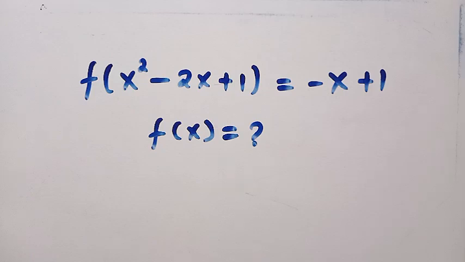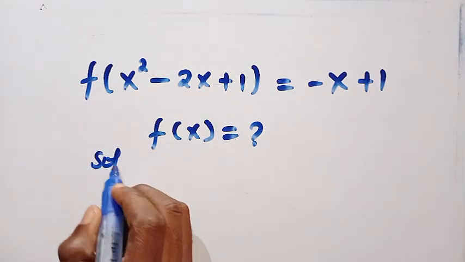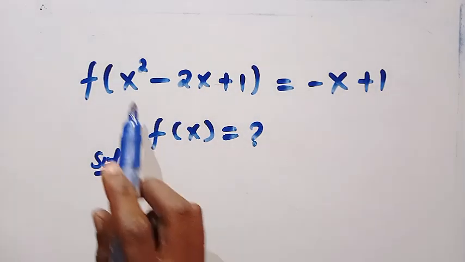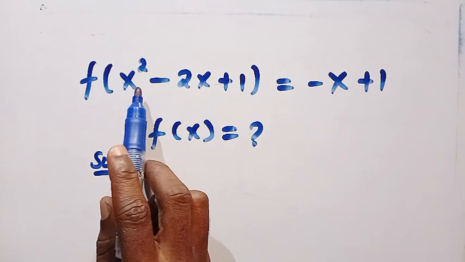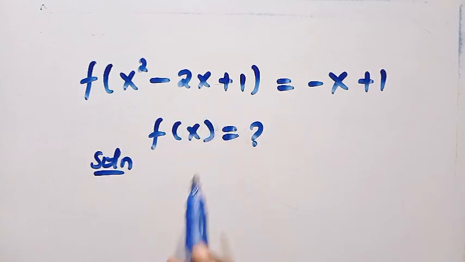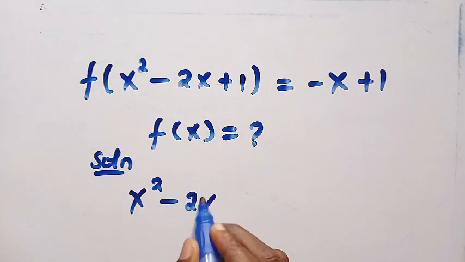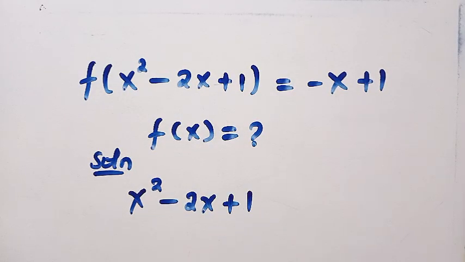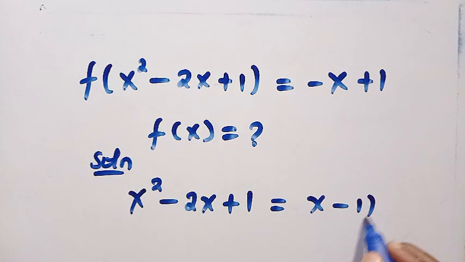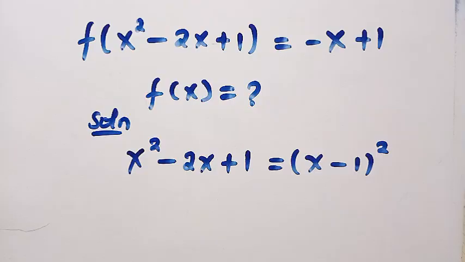So it's very simple. Let's say we consider the solution from here. The domain of this, which is x squared minus 2x plus 1, if I write it out, x squared minus 2x plus 1, is the same thing as x minus 1 raised to the power of 2. But how do we get this?